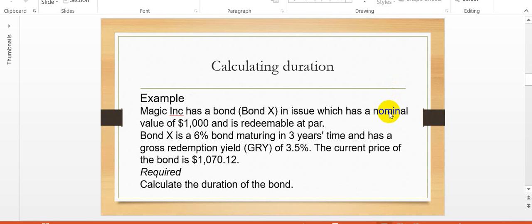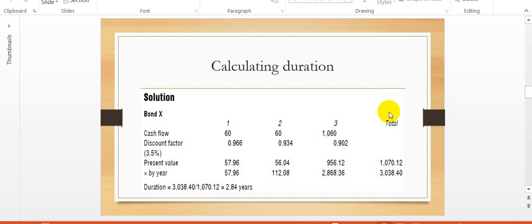So for the next 3 years, the bond will be paying $60 every year. Then in the third year, the final coupon plus the redemption value, so 1,000 plus 60, which will give us 1,060 in the last year.